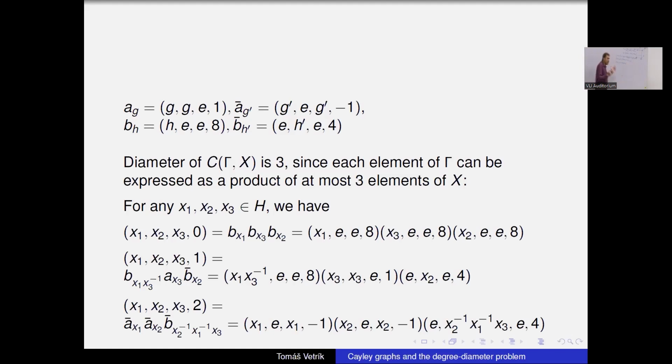Okay, since I'm not very sure you understand it, I will give you one more example. So now try it by yourself. Let's have the group Z9 and a generating set X, which will contain, let's make it a little bit simpler, 1 and 3.